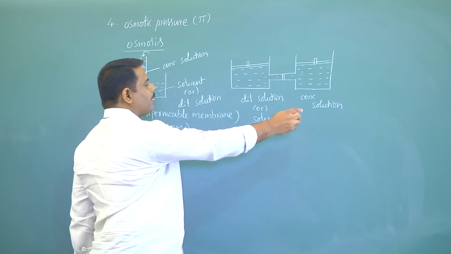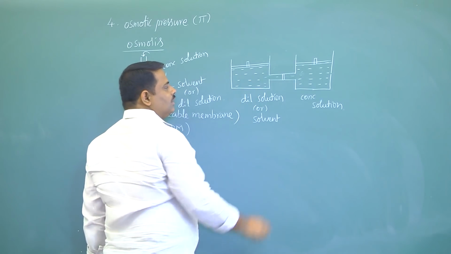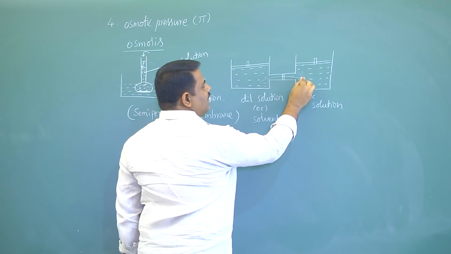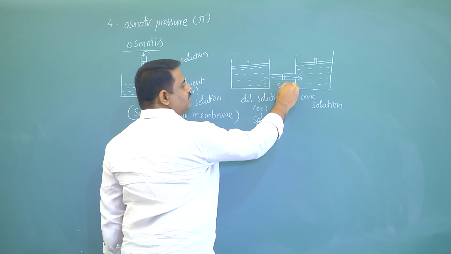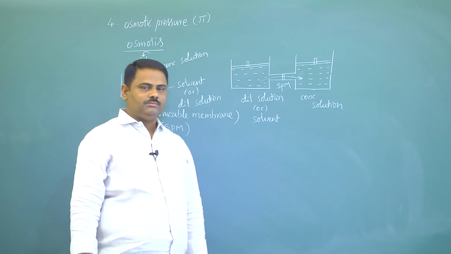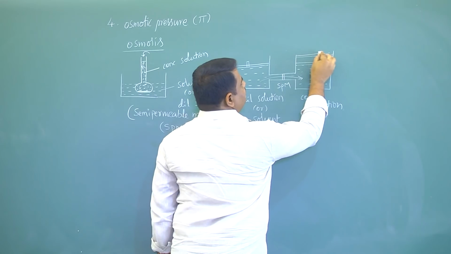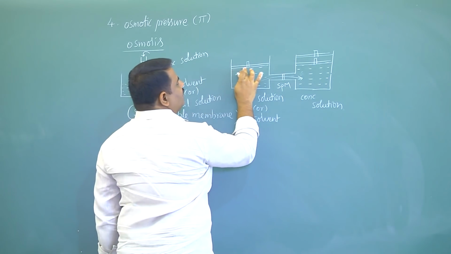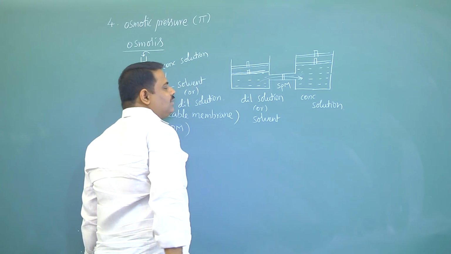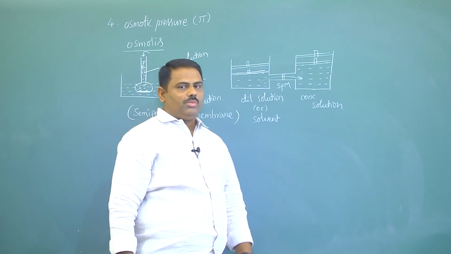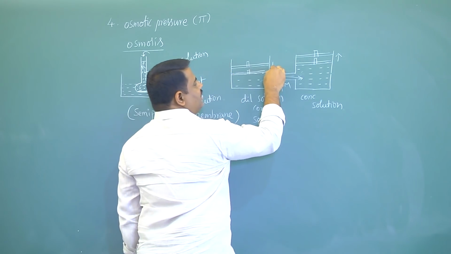Now the solvent present in the dilute solution slowly enters into concentrated solution through semi-permeable membrane. Then the level of this movable piston increases, and here that level decreases. After some time this process will be stopped. Now I will show the directions here. Here level increases, here decreases.